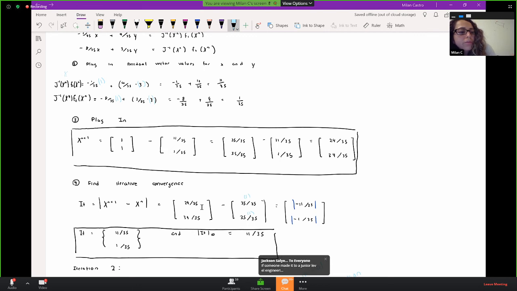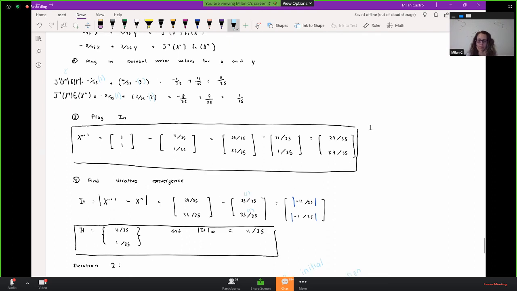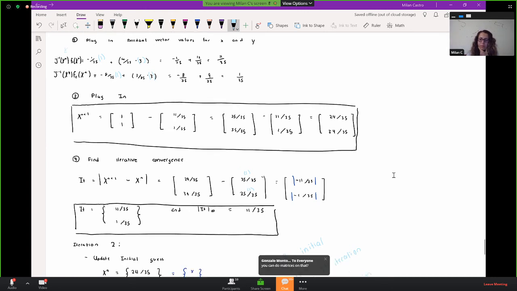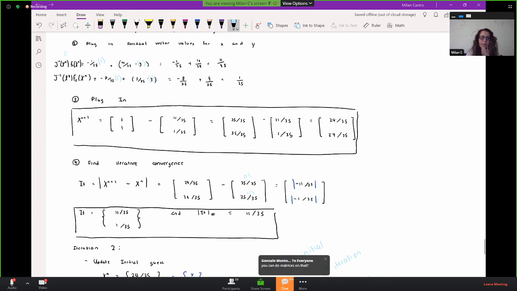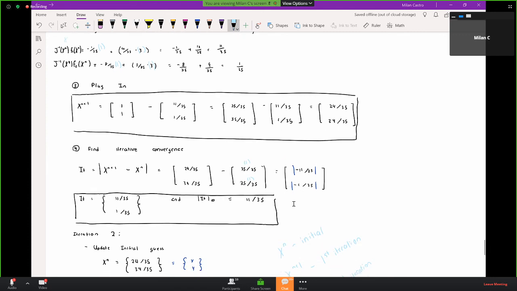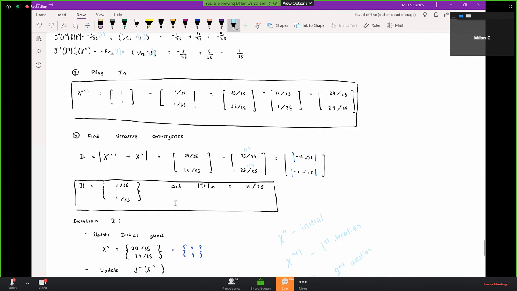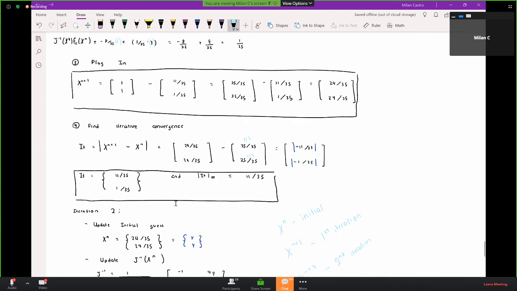Just A to the -1 automatically inverses it, and you get all your values, so you don't have to do all this math by hand. All right, does anyone have any other questions?